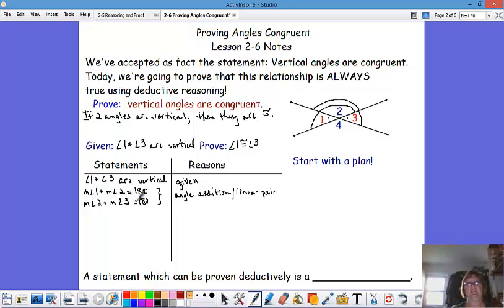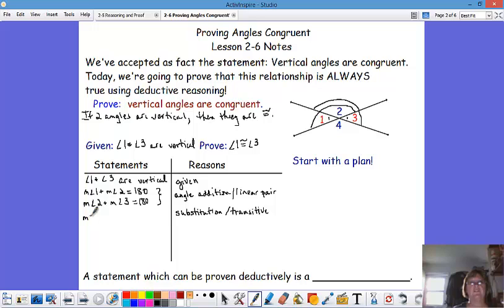Now I'm looking at this thinking, okay, I have two expressions here that both equal 180. So I could use substitution. Some folks would say that we're going to use the transitive property, and again, usually those can be interchanged, so I'll write them both. But if we have two things that both equal the same number, they must equal each other.